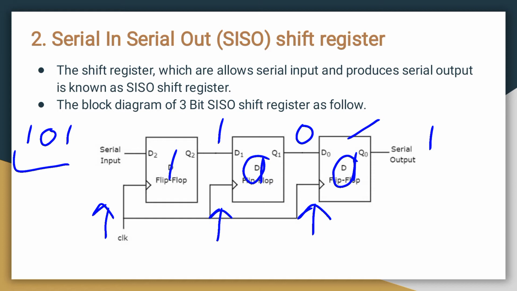Then for the second flip-flop, the input is 1 and the clock is applied. So the reset is going to set. For the first flip-flop, there is no input, so it will go with the content that is not shifted. So this is not shifted.